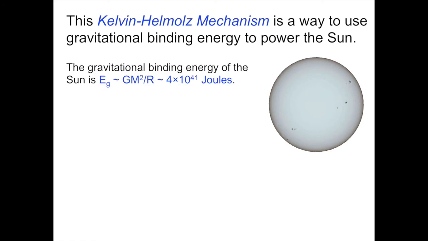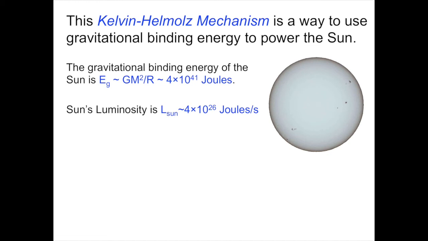The gravitational binding energy of the sun can be computed. E sub g is approximately G times the mass of the sun squared divided by the radius of the sun. At this instant, the gravitational binding energy of the sun is approximately 4 times 10 to the 41 joules of energy. Remember that the sun's luminosity, the rate at which it is losing energy, is 4 times 10 to the 26 joules per second.